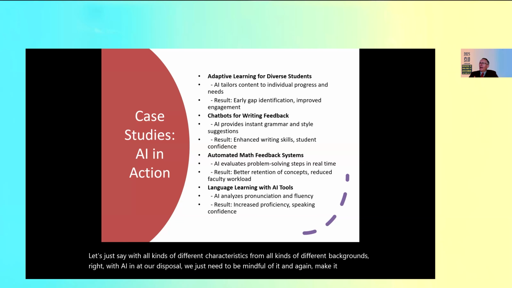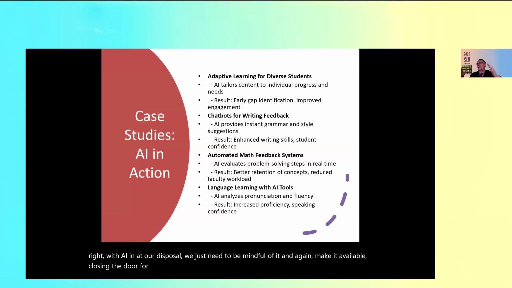Closing the door on AI, telling students that, no, sorry, I'm the only person in this universe who can tell you what you need to know in Geography 101.